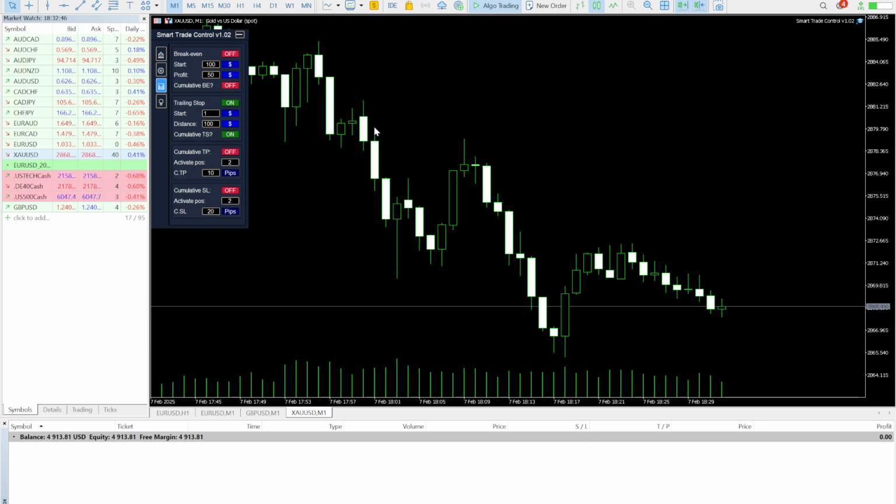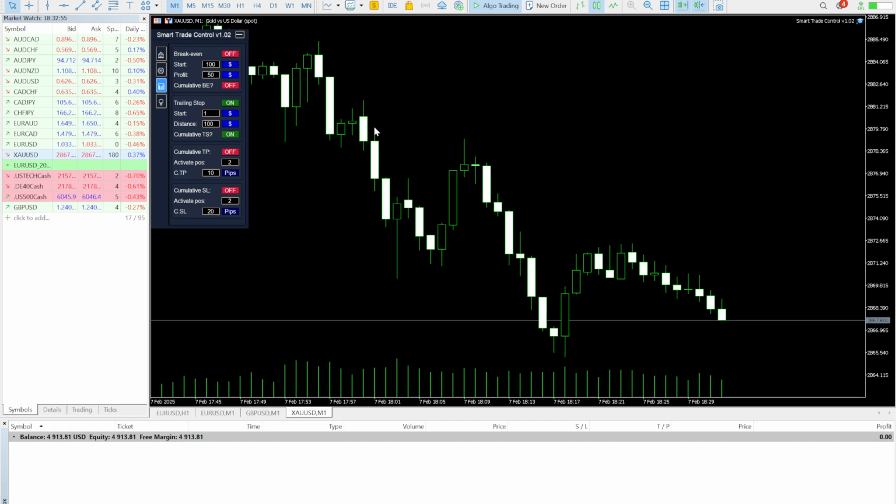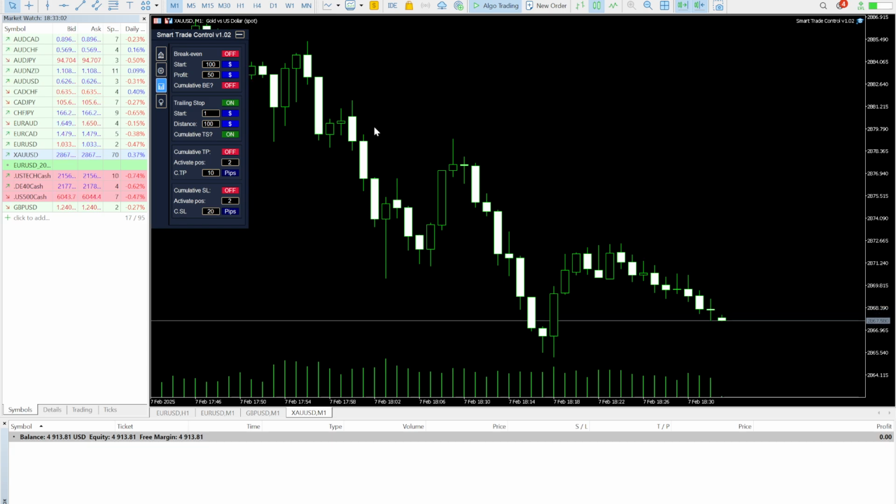So if you, for example, have a position of 1 lot and another position of 5 lots, obviously the average price is not going to be right in the center of those positions, but you need to take the volume and weigh each position against each other with their lot size, and then trail at that average.